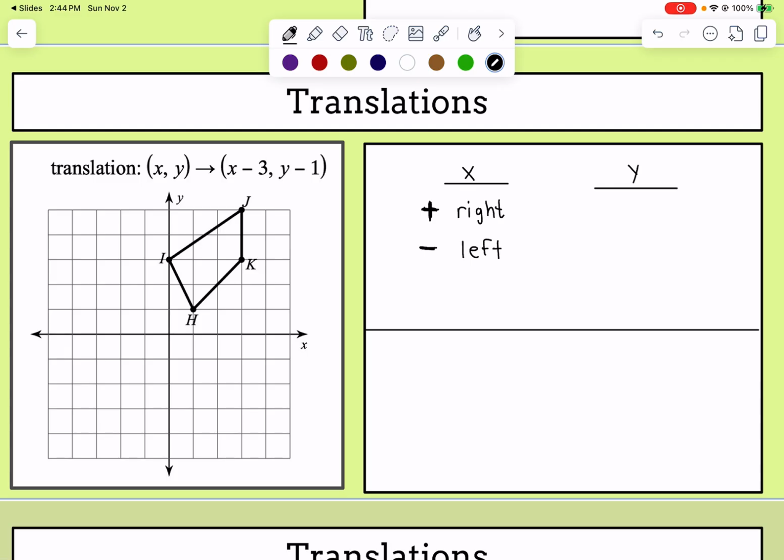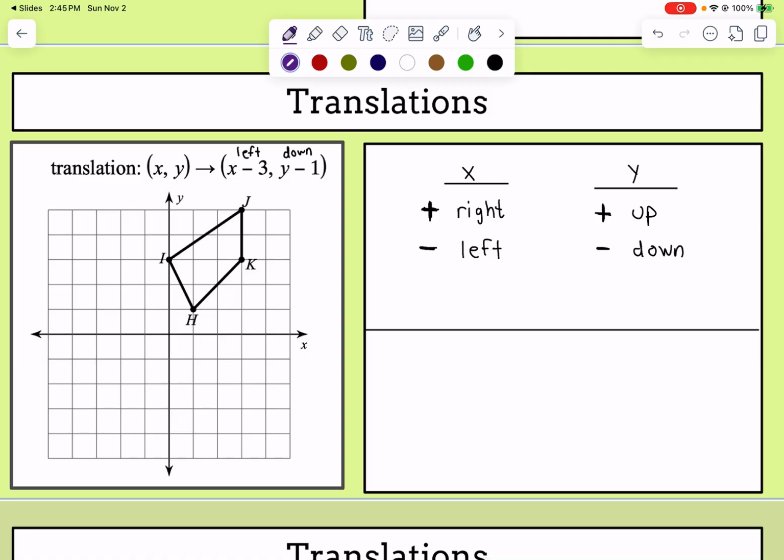If you have y plus a number, it's going to move up. If you have y minus a number, it's going to move down. So in this case, my x having a subtraction means it's going to go left 3. And my y with a subtraction means it's going to go down 1.